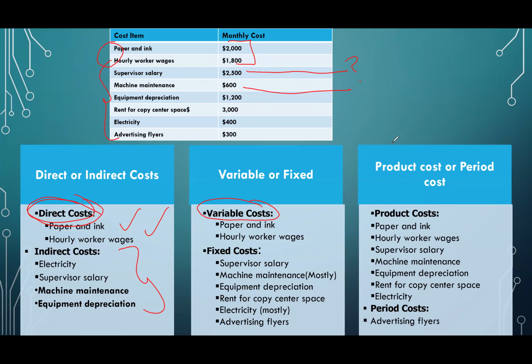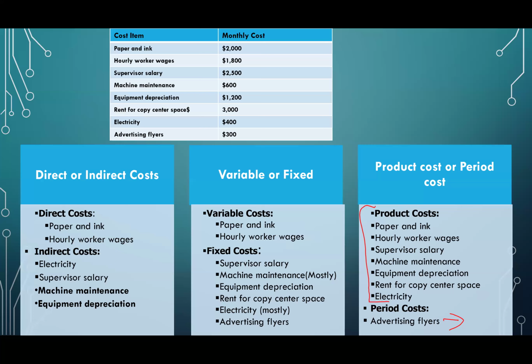Finally, let us take a look at which costs are product costs. Remember, product cost is just another word for manufacturing costs. So what are the costs out of our list that are the manufacturing costs of a product? Notice we are saying all these are manufacturing costs, and this is a non-manufacturing cost.